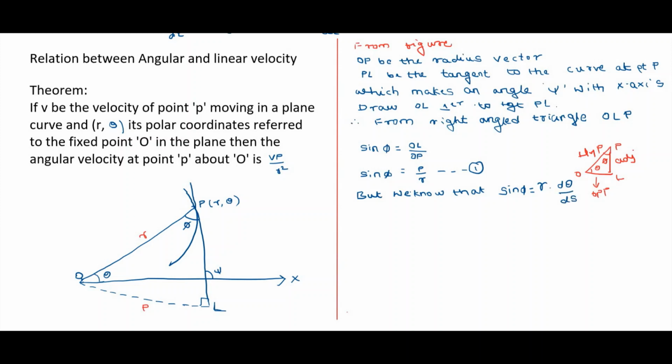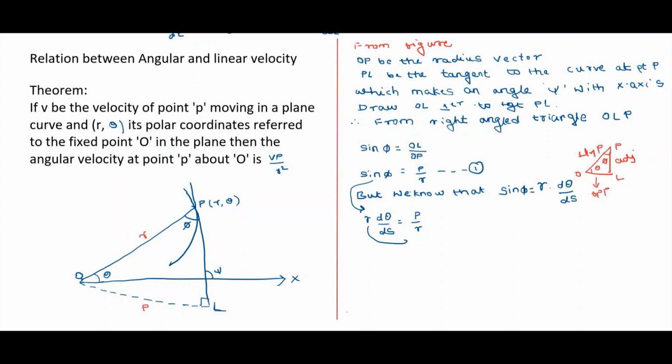So we substitute this value for sine phi in the above equation: r d theta by ds is equal to p divided by r.